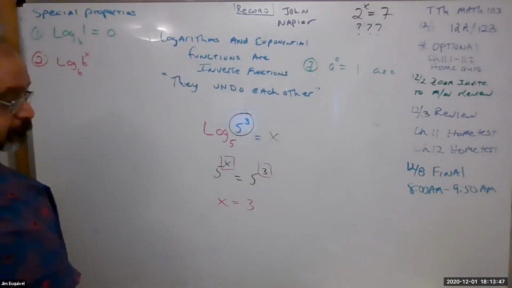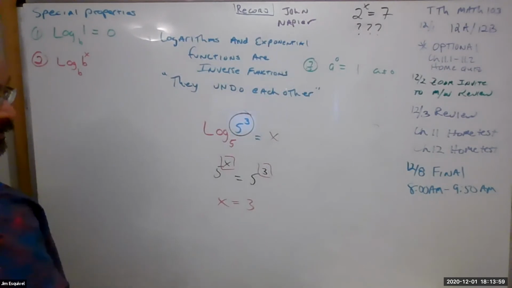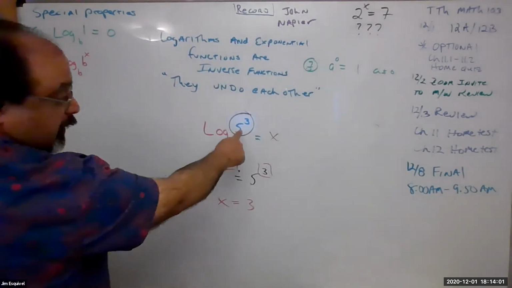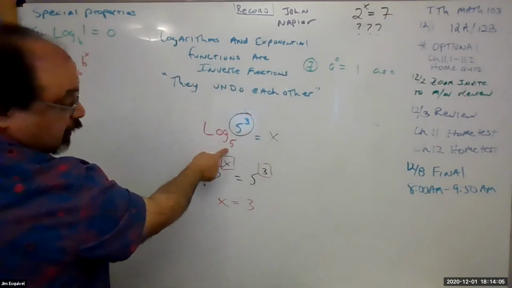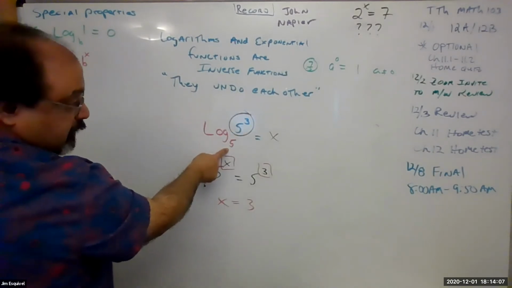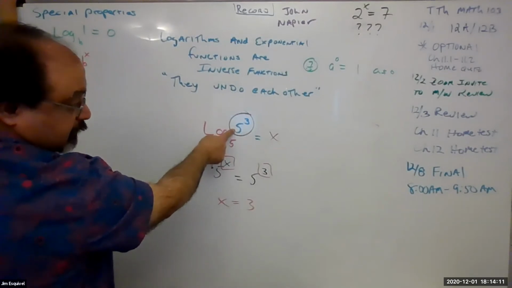You see that? I mean, it's short, sweet, and done, because this is already a base 5. Oh, I see. You're taking a logarithm base 5, and inside you have an exponent base 5.